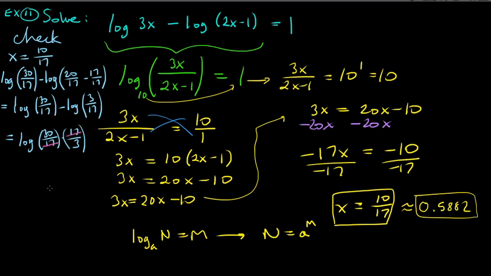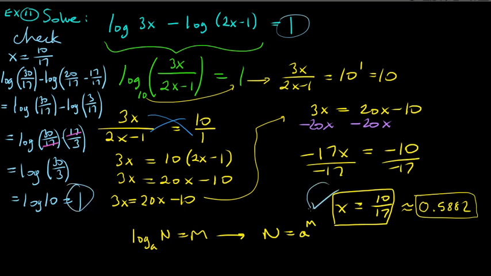And we just end up with the log of 30 divided by 3, which is the log of 10, which is 1. And that's equal to 1, right? So that's the right side. So this is correct, right? This is correct. So the answer, right, 10 over 17.